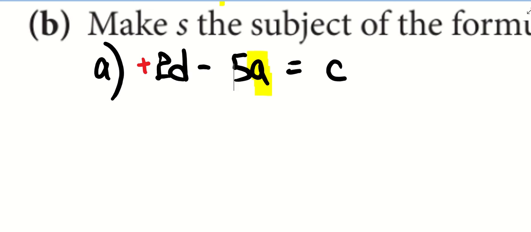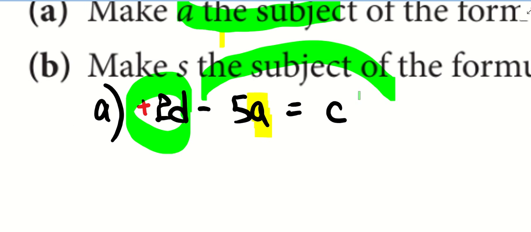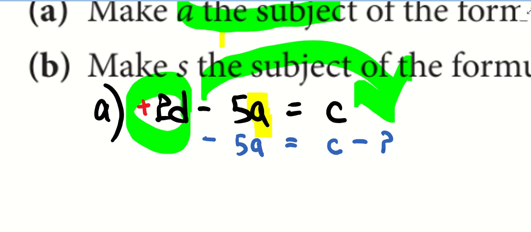So our job is to balance the further term. In this case, if I need to balance positive 2D on the other side, positive 2D will become negative 2D. So I'm going to write the next step. C minus 2D.